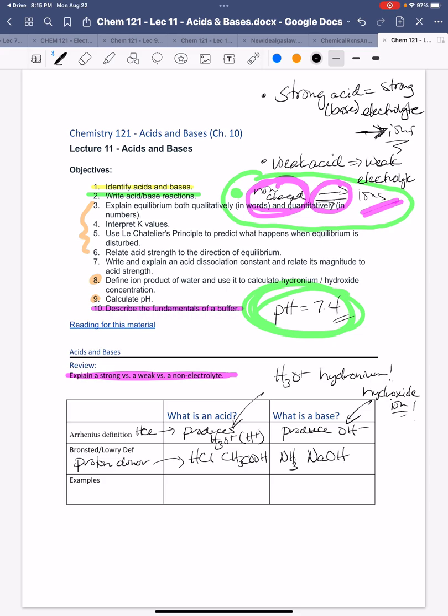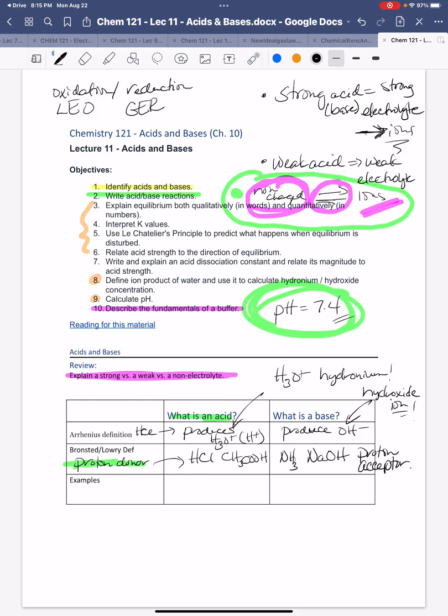Just to put these two things back together, a proton donor is an acid, and a proton acceptor is a base. Now, this actually goes back, for me anyway, to the conversation about oxidation and reduction. Oxidation is loss of electrons, and reduction is gain of electrons.